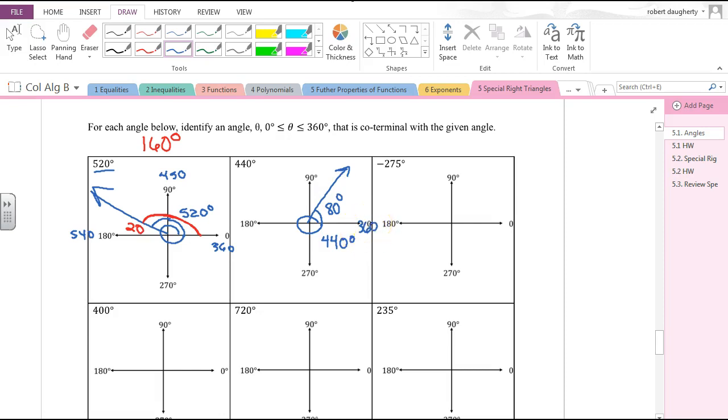So it's 360 plus 80, right? Now, what angle also ends right there that's between 0 and 360? It's pretty easy, this one. An 80 degree angle. Guys, can you see that an 80 degree angle would end right there? So the coterminal is an 80 degree angle.